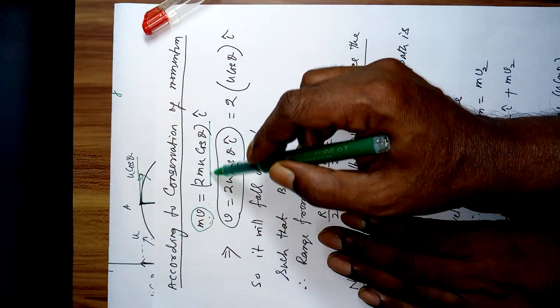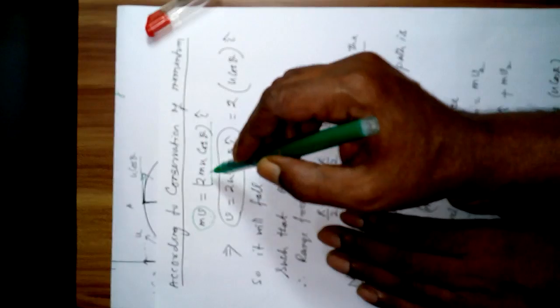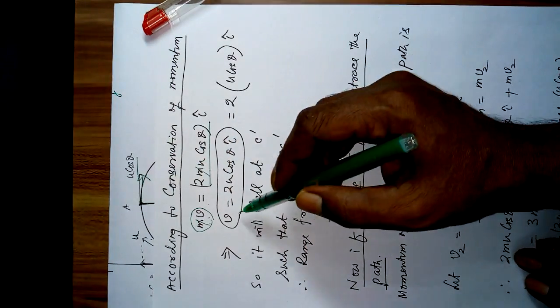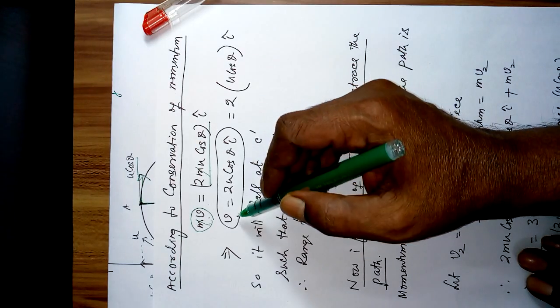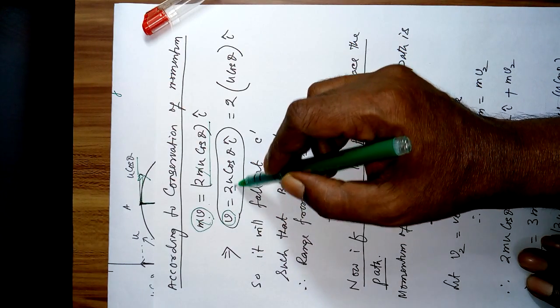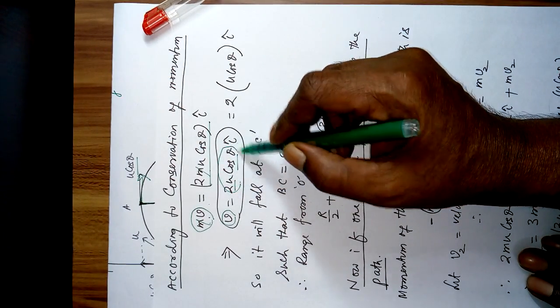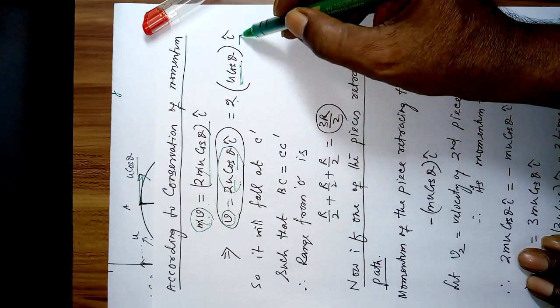So mv is equal to 2 mu cos theta i cap. So m cancels, and we are left with v is equal to 2 u cos theta i cap. That is, the second piece M will have a velocity 2 u cos theta, and this is nothing but 2 times u cos theta i cap.